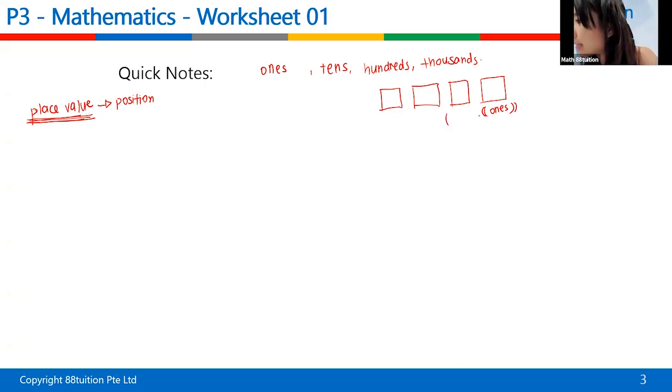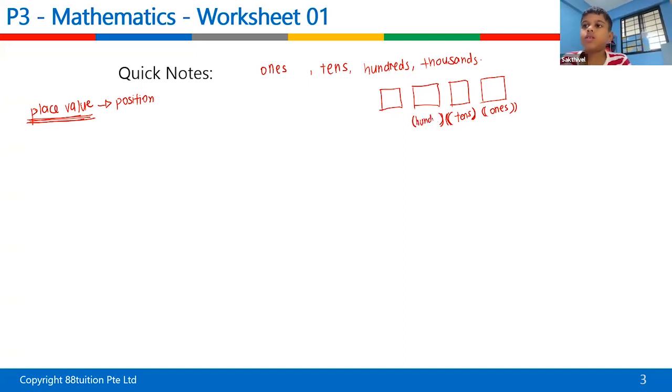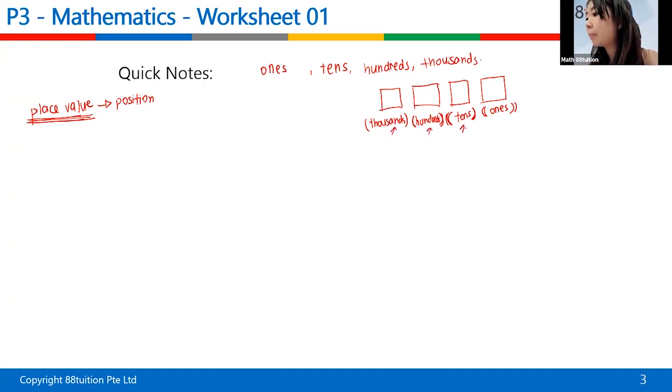Then Jingjie, imagine there's a number in this square. This number will be in which position? Tens. Fantastic. Sakti, how about this number? Hundreds. Very good. And finally, this one will be thousands. Place value simply means which position the number is in.